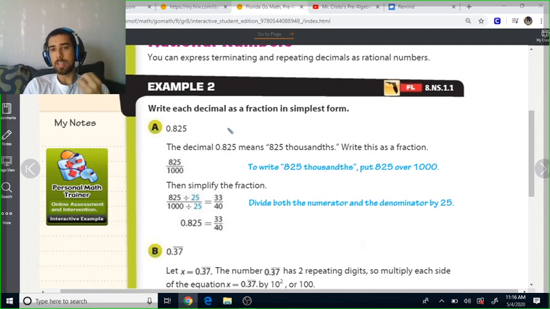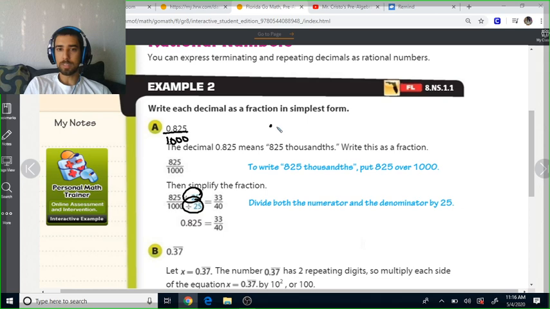For you to turn a decimal into a fraction, you just divide it by how many places you have. This is in the tenths, hundredths, thousandths, so I'm going to divide it by 1,000. From there, I just got to find a number they both have in common, and I just start simplifying it. That is it. That's all you got to do.